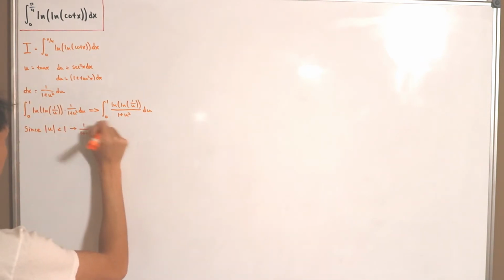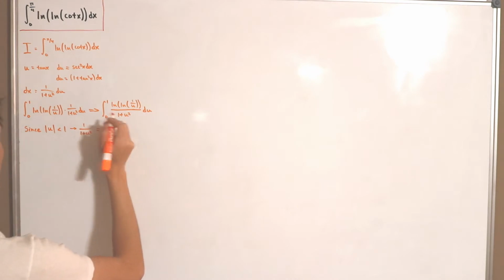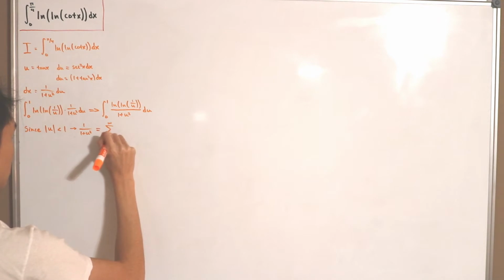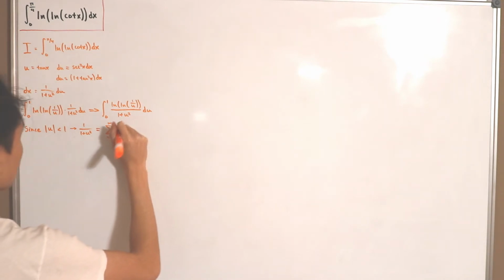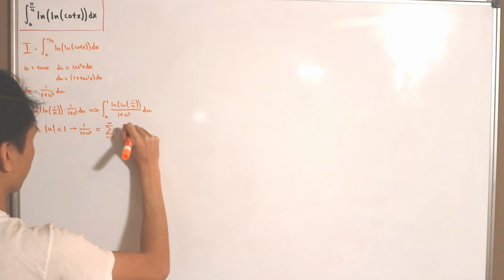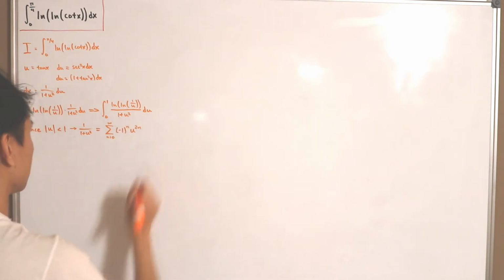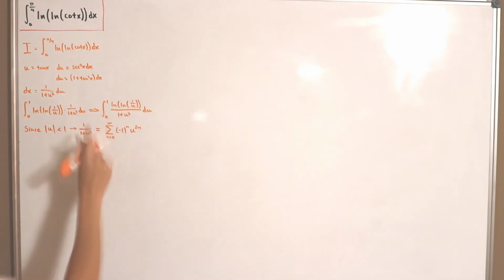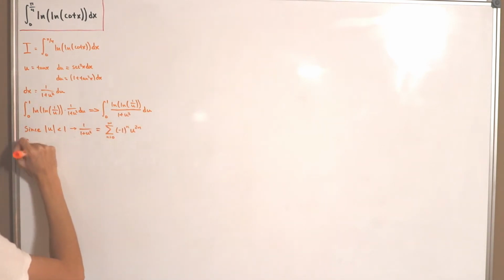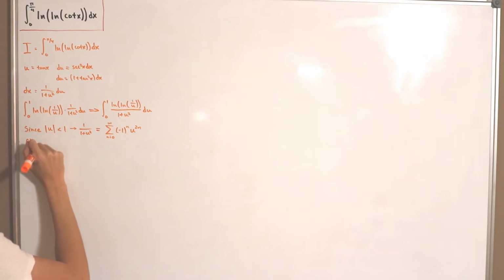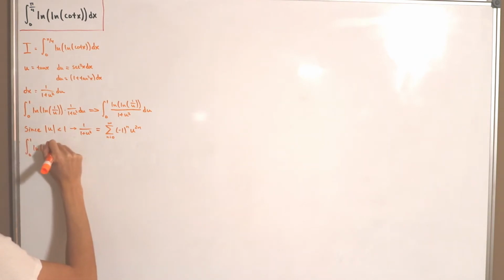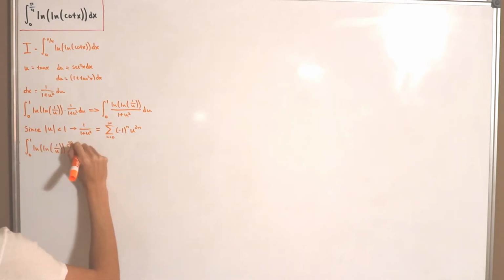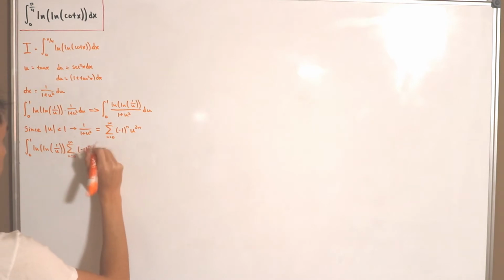We can write 1 over 1 plus u squared as the following series expansion: the infinite series, n equal to 0, of negative 1 to the power n multiplied by u to the power 2n. So I'll substitute the 1 plus u squared back in with our series: the integral from 0 to 1 of ln of 1 over u, multiplied with our infinite sum of negative 1 to the n times u to the 2n, du.